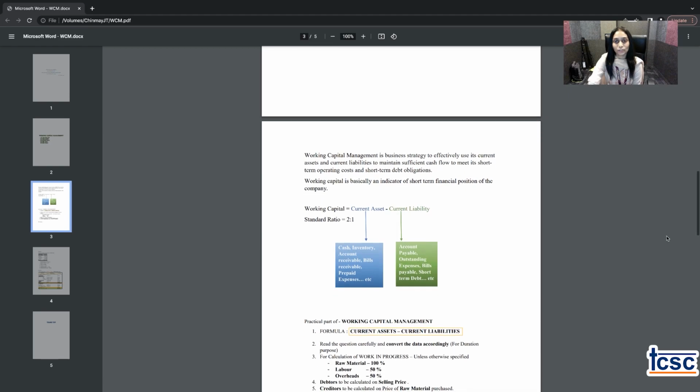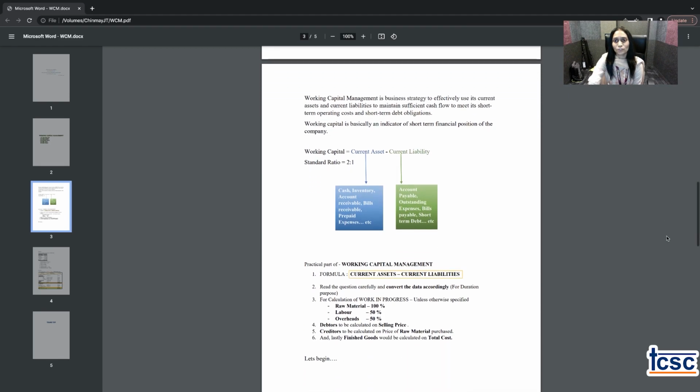Working capital management is the business strategy to effectively use its current assets and current liabilities to maintain sufficient cash flow to meet its short-term operating costs and short-term debt obligations. Basically, working capital shows the financial stability, or I can say the short-term financial position, of the company. You must have studied in ratio analysis the formula to calculate working capital.